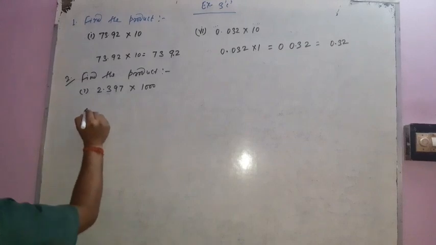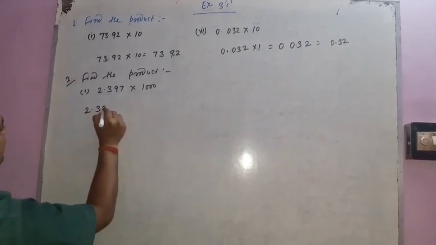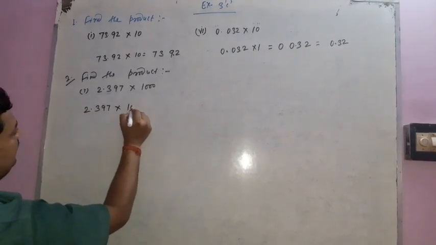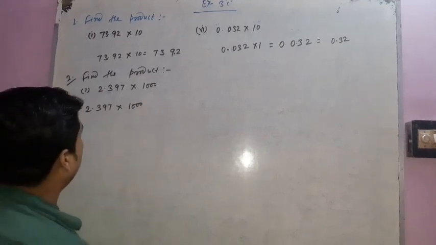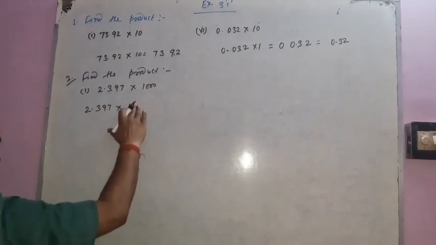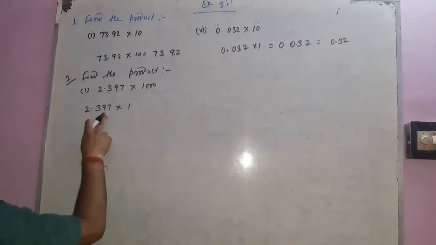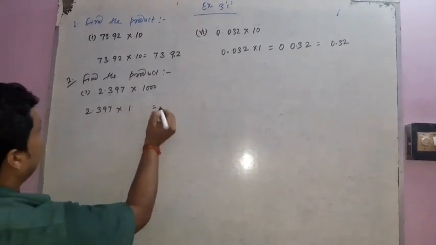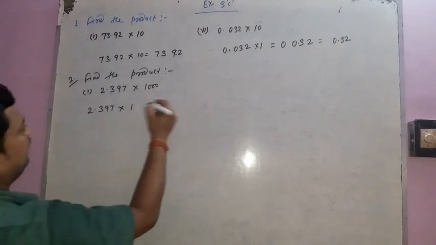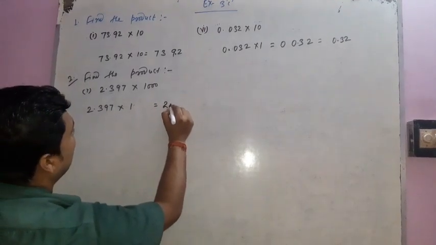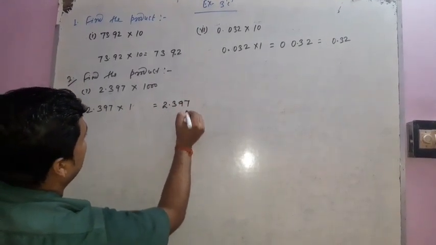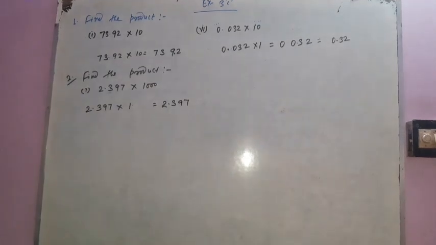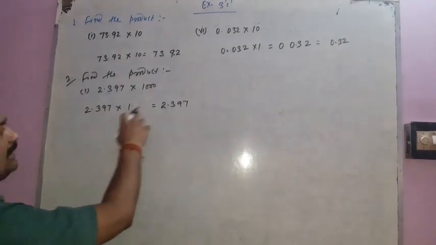Now what we have to multiply? 2.397 with 1000. So first we will multiply 2.397 with 1. When 2.397 is multiplied with 1, the result is 2.397. Why? Because when we multiply any number with 1, the result will be the same.